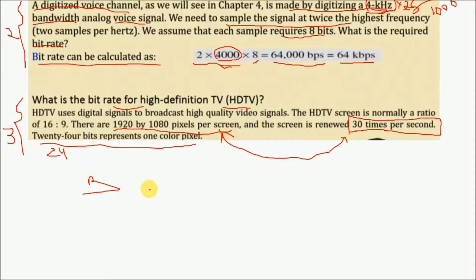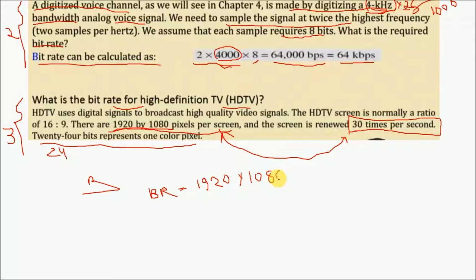So the bit rate will be based on the total number of pixels in a single screen, 1920 multiplied by 1080.